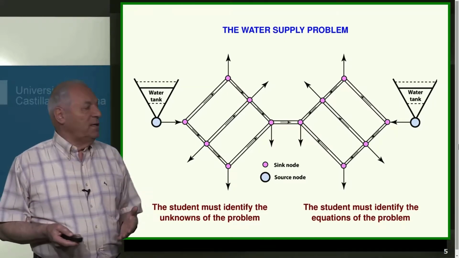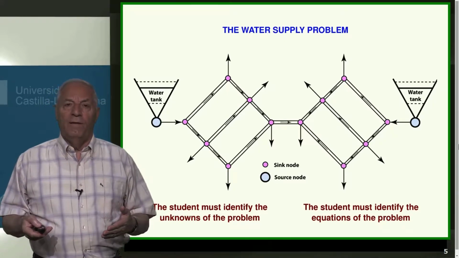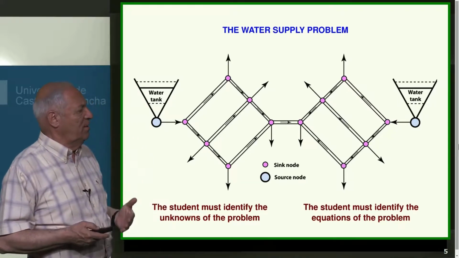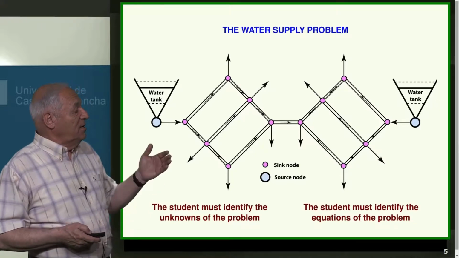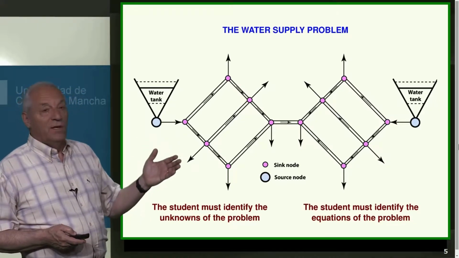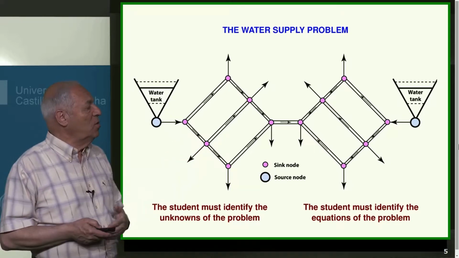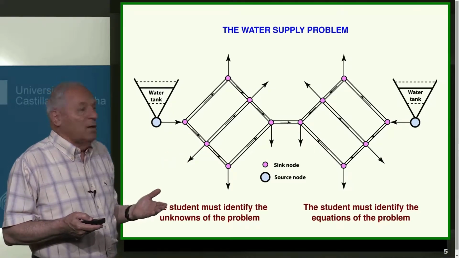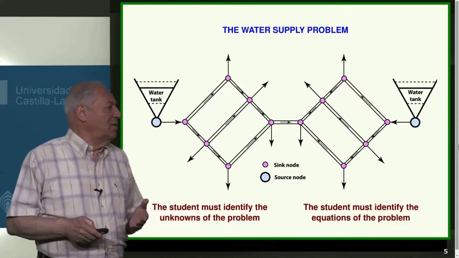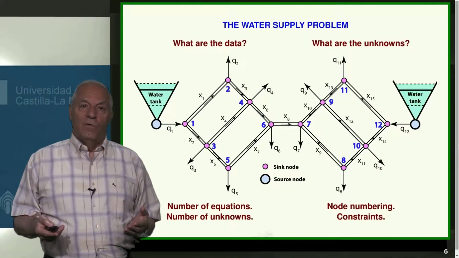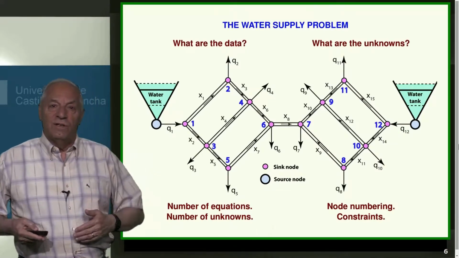Sometimes we do not know very well what to do. If we want to know how to distribute the water, in all possible forms, from deposits to consumption points, we have to know what the equations to be used are, and which are the unknowns. This is the first step you must consider.